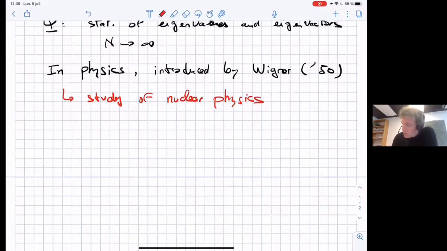And he introduced this approach to essentially model the energy levels of big nuclei.